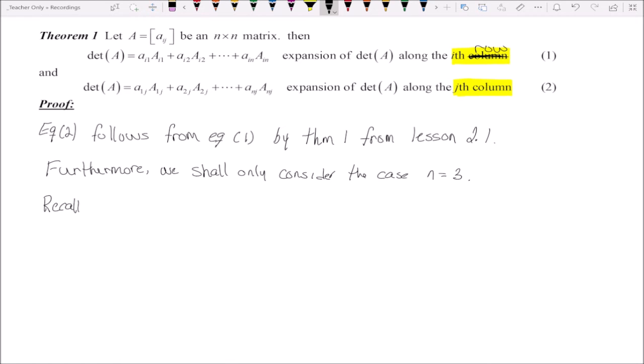Now recall that the determinant of A, by definition, is this. This term here should have been 3, 1.